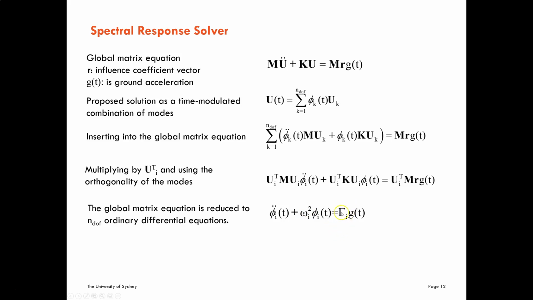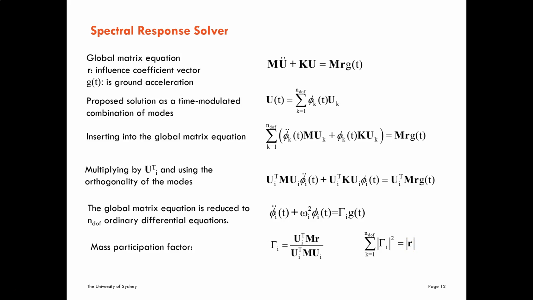And this quantity is the mass participation that is given by this expression. It is possible to show that the sum of all the mass participations is equal to the absolute value of the modulus of the influence vector.